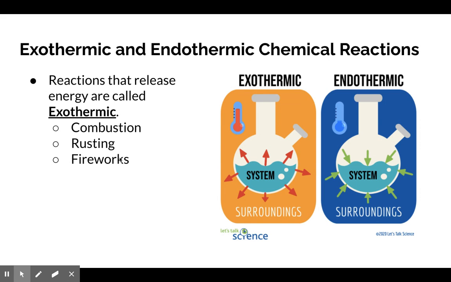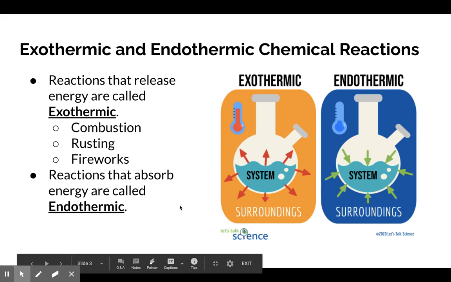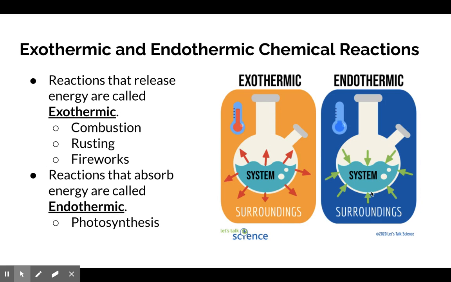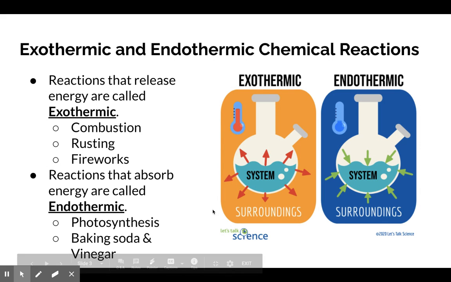So energy is being released, and oftentimes that could be heat energy as well as light energy. And then reactions that absorb energy are called endothermic. So these ones are going to decrease in temperature compared to their surroundings, photosynthesis. And then baking soda and vinegar is also a really simple endothermic chemical reaction.